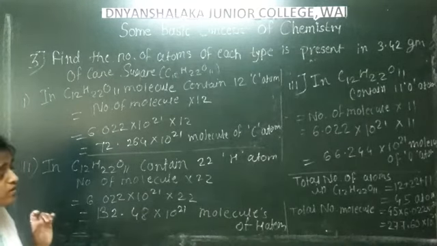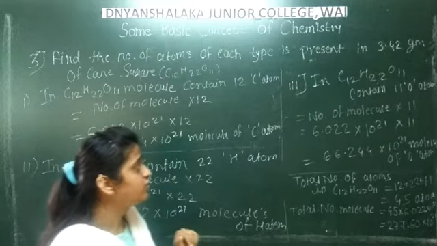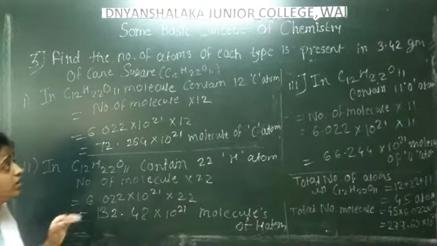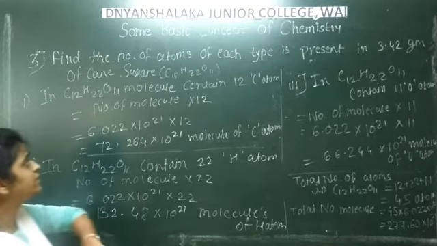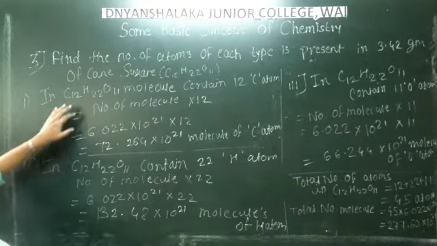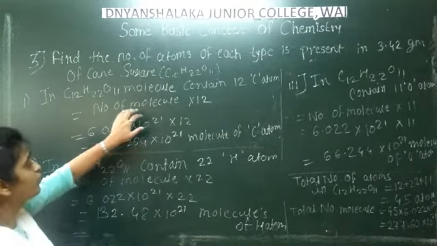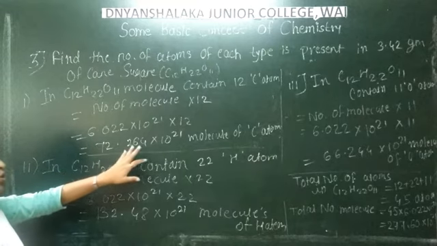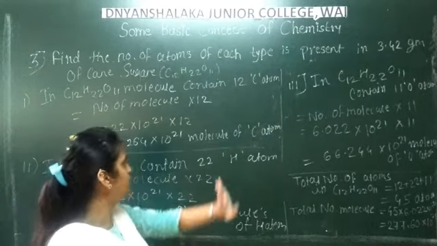Next we find the number of particles, so the number of molecules of cane sugar is 6.022 into 10 raised to 21. Cane sugar contains 12 carbon atoms, so number of molecules into 12 gives 72.264 into 10 raised to 21 carbon atoms.